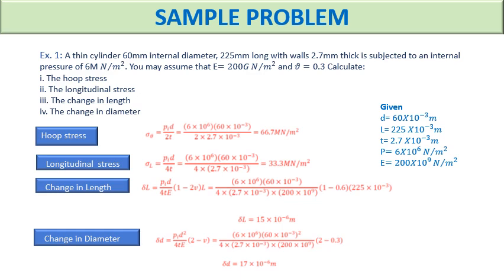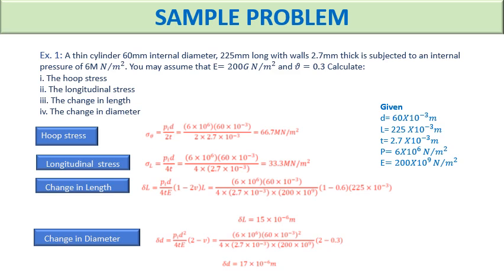A thin cylinder of 60 millimeter diameter, 225 millimeter long, with a wall thickness of 2.7 mm, is subjected to an internal pressure of 6 megapascals.